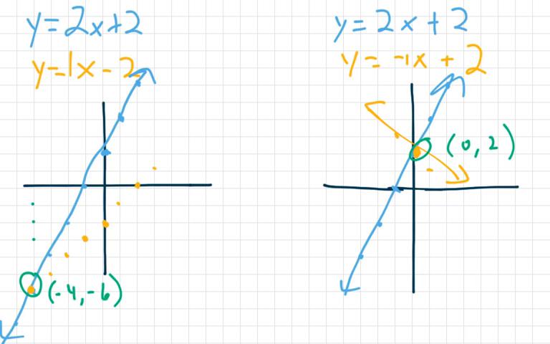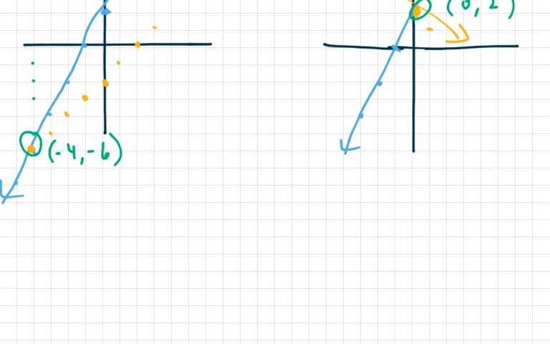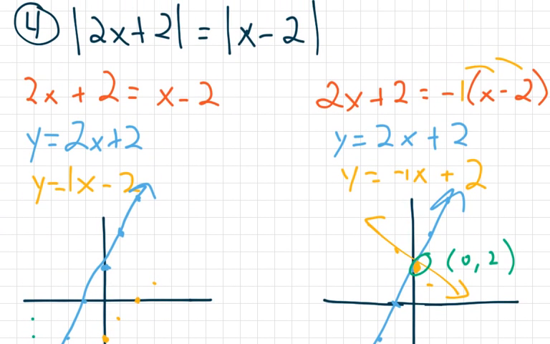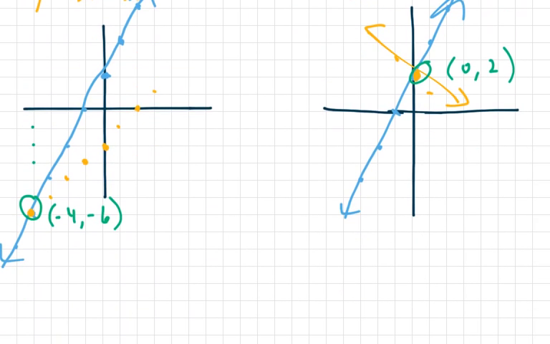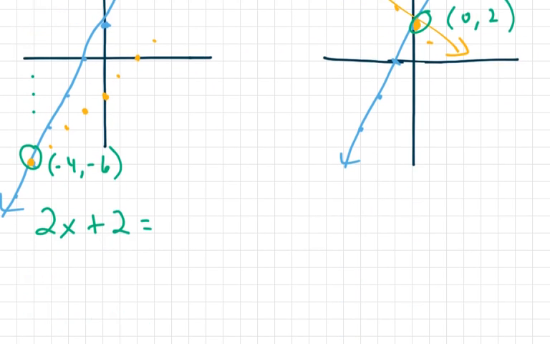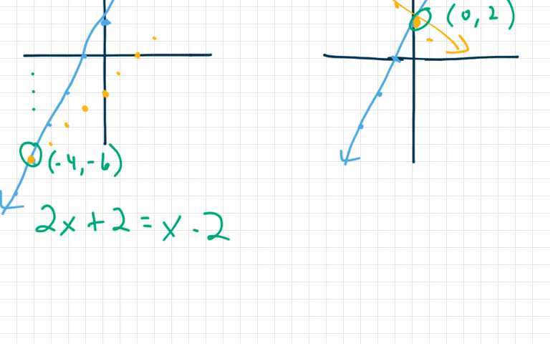I'm going to keep using green here. With the left equation, now we're back to this one over here. 2x plus 2 equals x minus 2. Okay, and we're going to use this x value of -4. We're going to put it right there, and also right there in that x, and we're going to see if we get the same thing on both sides. 2 times my x, -4, plus 2.